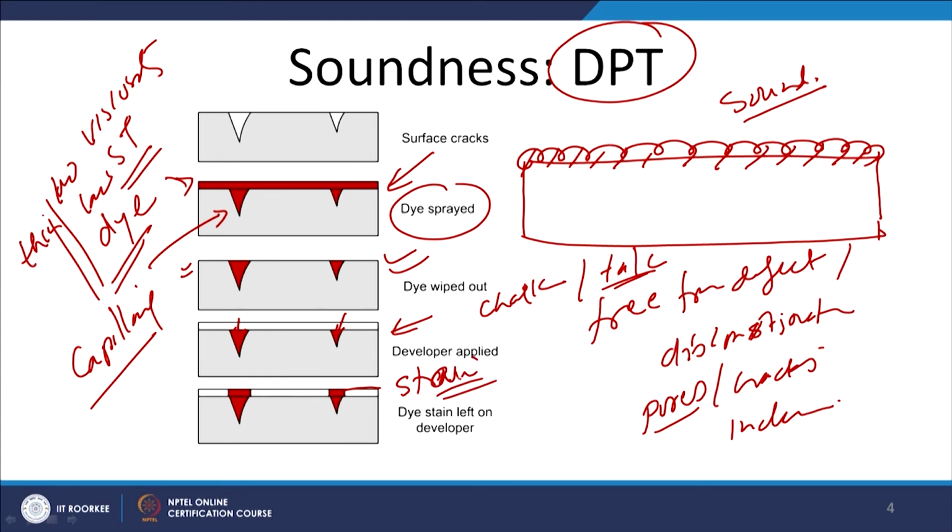Wherever the stains are present, and whatever the extent of the stains, that will indicate the location, the size and the type of the discontinuities present at the surface.